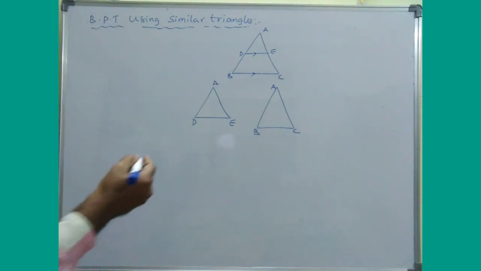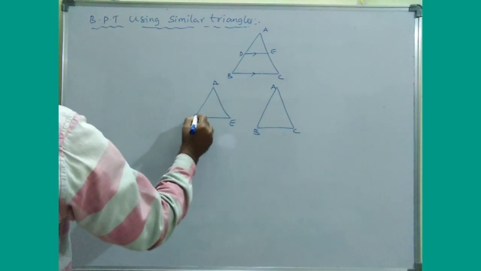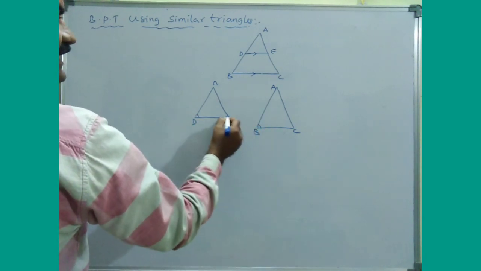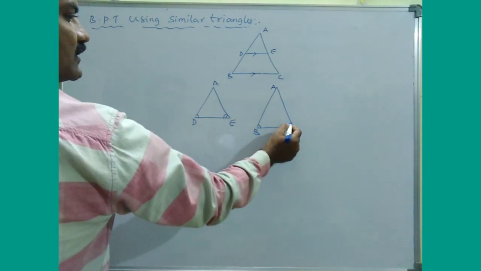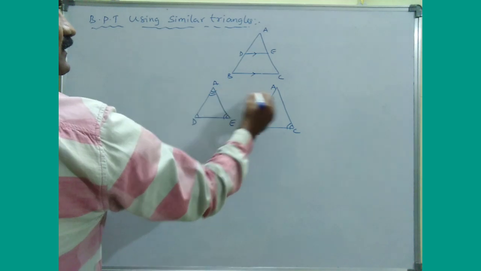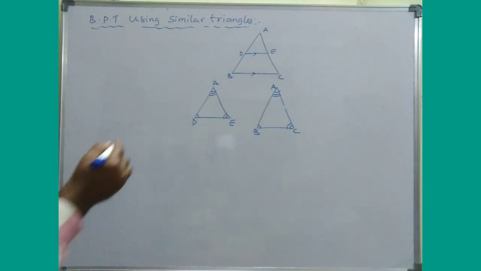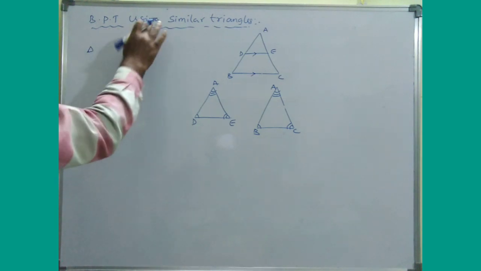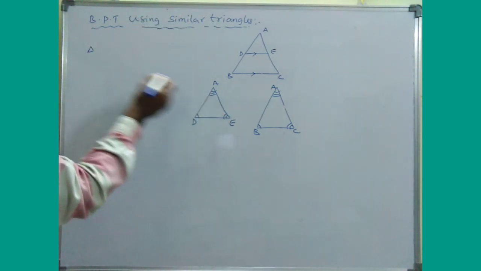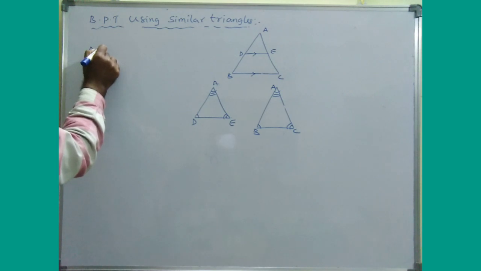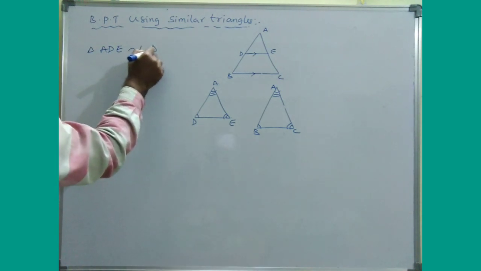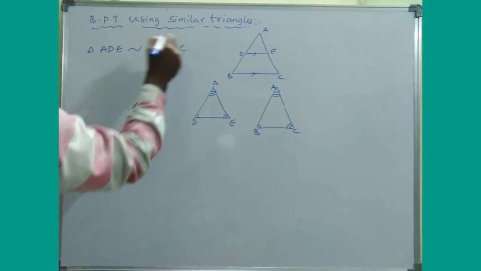So because corresponding angles are equal, similar, no, corresponding angles are equal. Okay, fine. So we are already using the concept of similar. I mean my consideration is here already triangle ADE is similar to triangle ABC.